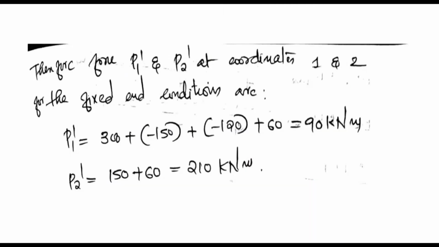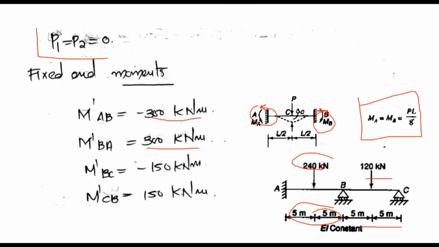Therefore, forces P1 dash and P2 dash at coordinates 1 and 2 for the fixed end conditions are as follows. P1 dash will have the effect of both the members BA and BC.